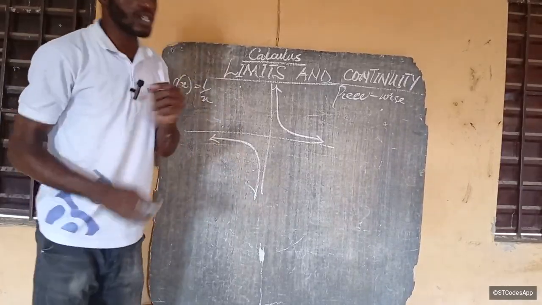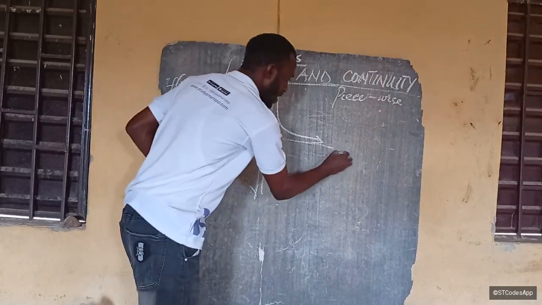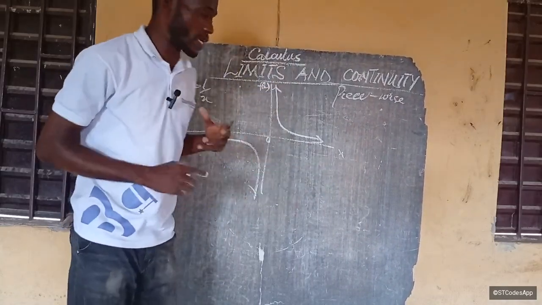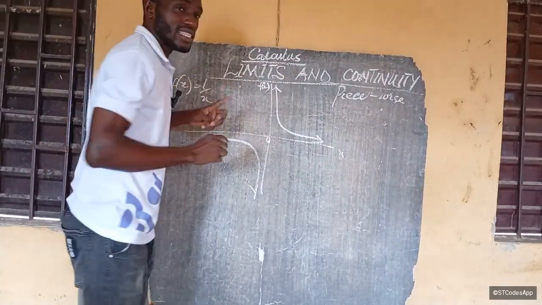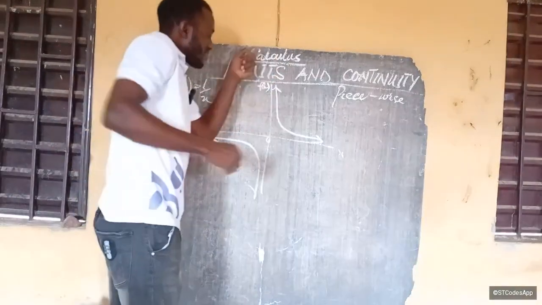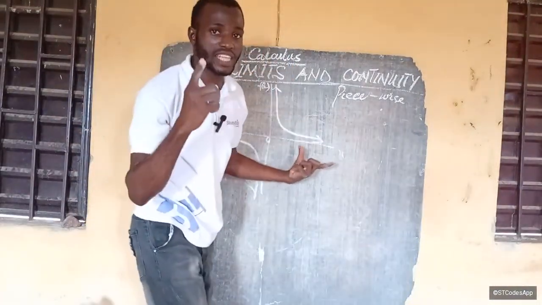Now, in this case, just follow me, you're going to see that these are the x-axis and these are the f of x axis or y-axis, okay? Now, you're going to see that as our y value decreases, as our y value gets closer and closer to 0, what is our x value doing?